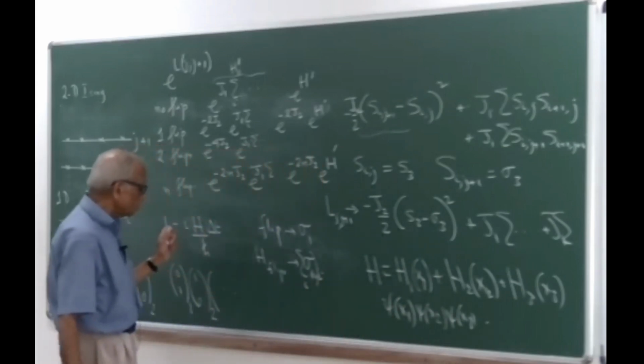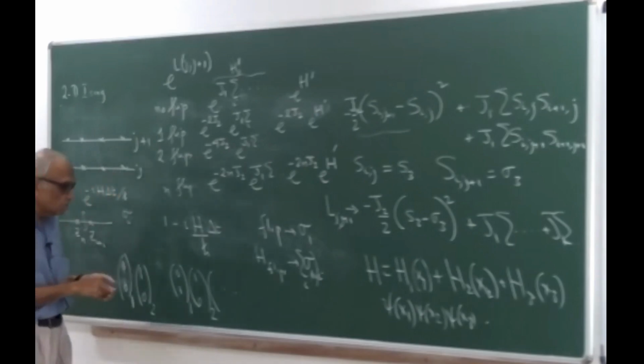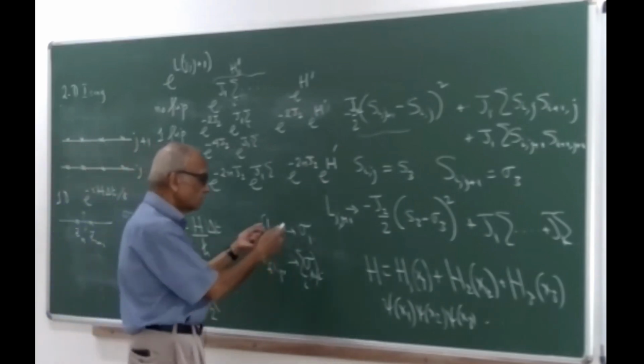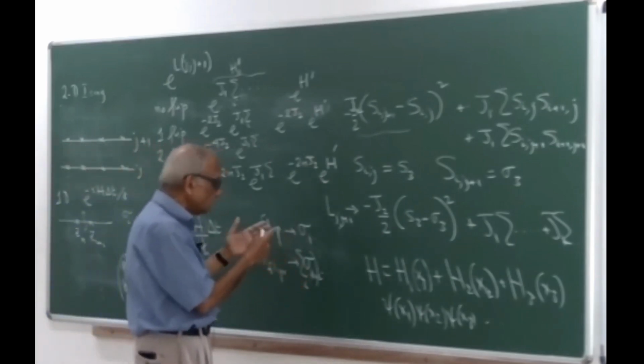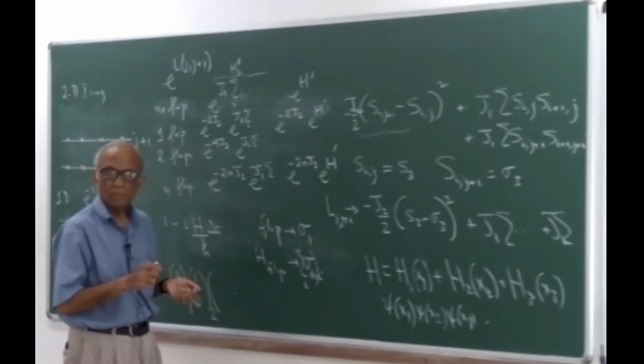This is exactly what is going on over here. I have a single particle Hamiltonian over here, which is a sum over sites. At every site, there is a sigma 1. Right?